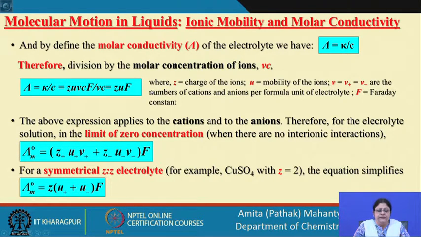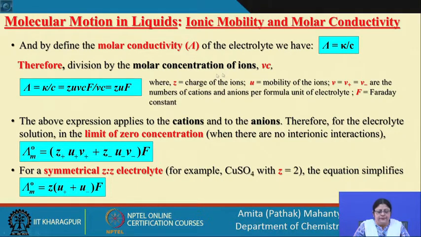I look into the expression of the kappa, this is the kappa I have by C. What is the C here? The molar concentration of the ions. If nu is the number of cations or anions per unit electrolyte, then the concentration of ions should be that many number into the molar concentration which is existing for the electrolyte, because the electrolyte is going to give rise to the same number of cation and anion in a system when we are concentrating on a single electrolyte system.